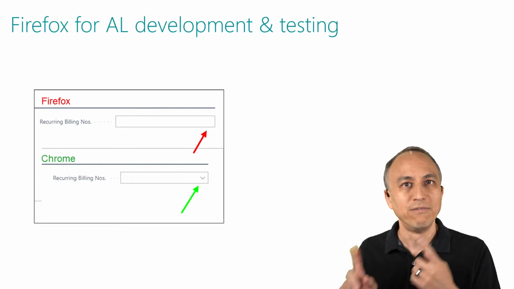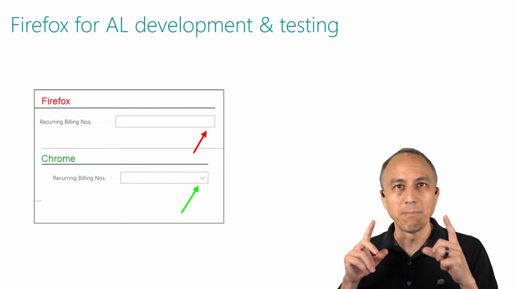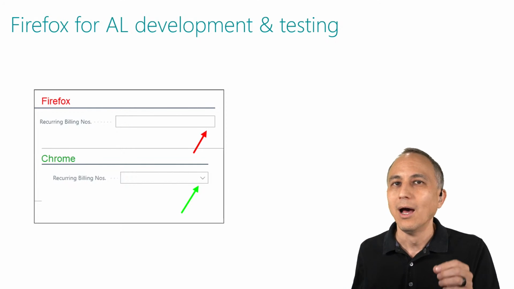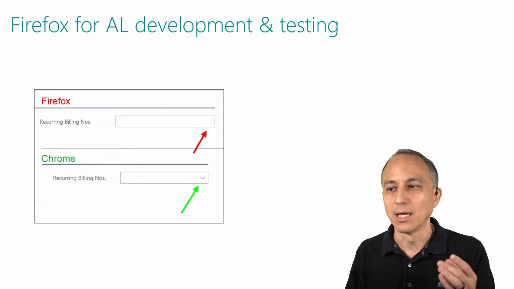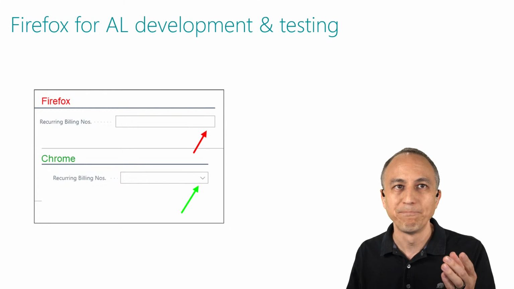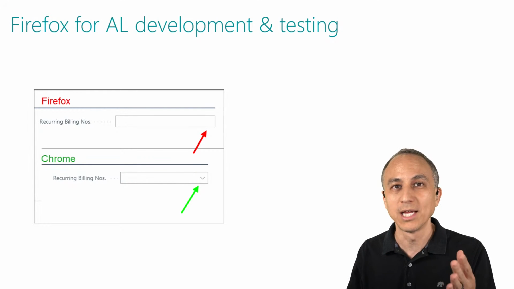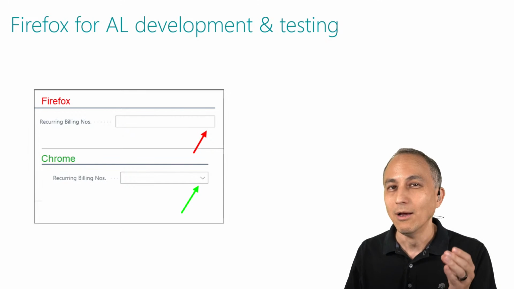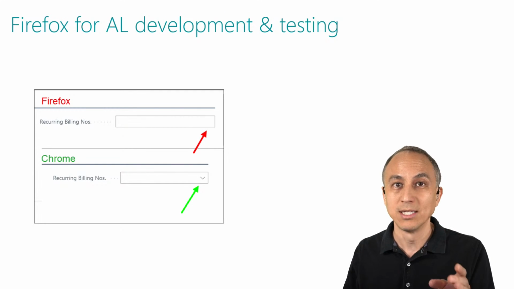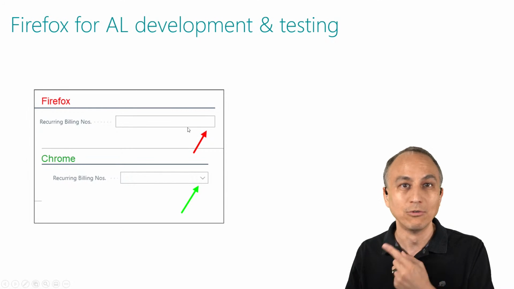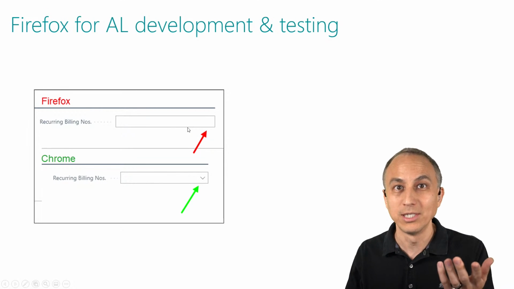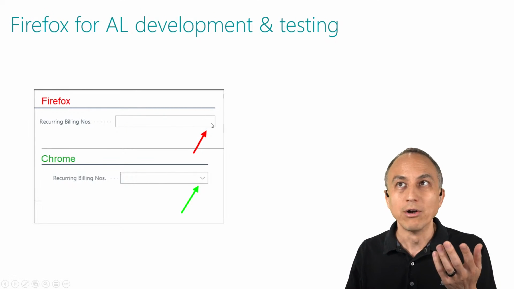But when I develop and test a page in Firefox, I get really, really weird behaviors. And I will be the first to admit that could be 100% because I don't know what I'm doing. But in a very simple page with a very simple lookup, so this is just a number series lookup, there is no lookup.